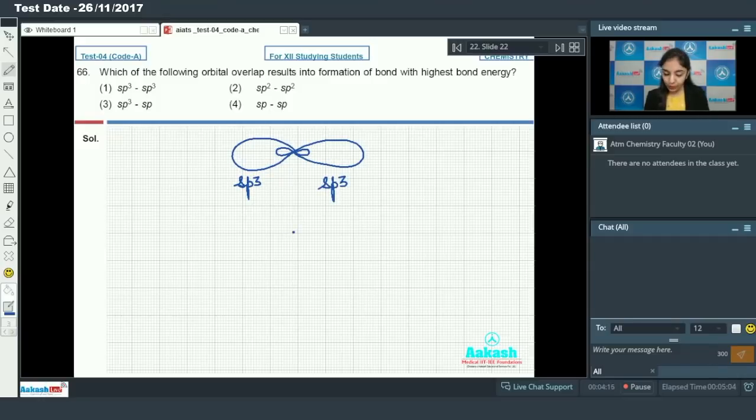And if I talk about the sp2 overlap, this is sp2 and this is sp2. And if I talk about the sp and sp overlap, it will be like this.